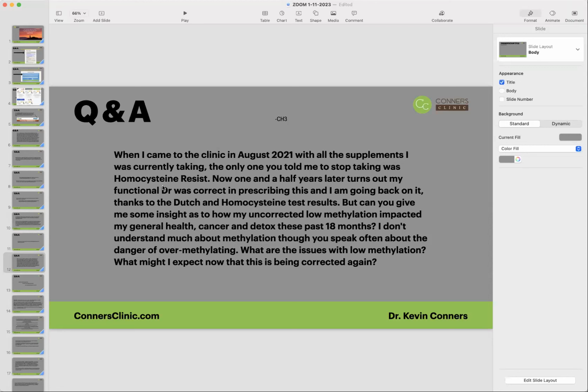So I'm not in favor of just simply using excess methyl groups to deal with an MTHFR gene defect. The only reason why I would suggest you use methylated vitamins is if you have elevated homocysteine. So that would be the only reason to take methyl groups, in my book. And even if you have elevated homocysteine, you have to balance that with, well, I also have cancer.